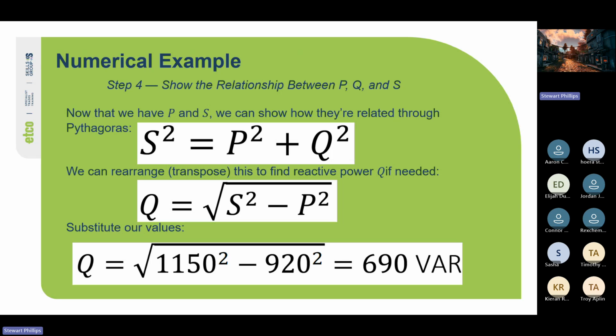Remember, a lot of the times in the electrical industry, everything comes back to our right angle triangle.